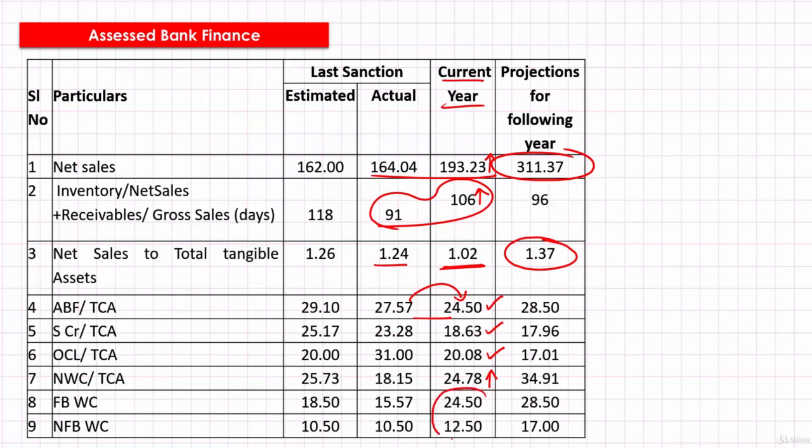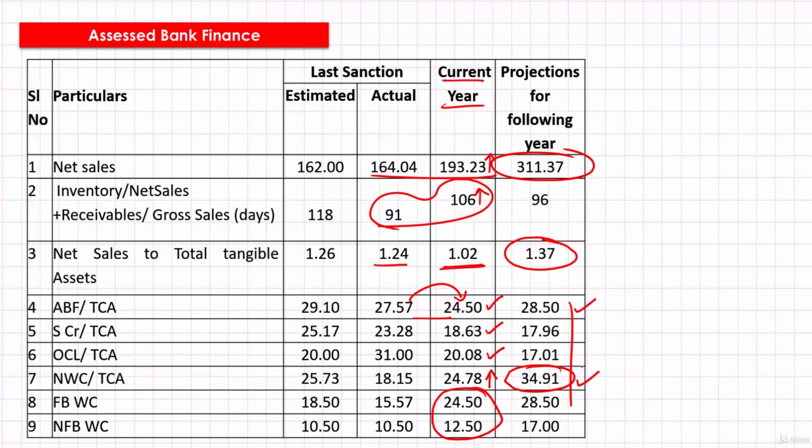So things are expected to move in a positive direction. All the estimates are expected to be positive. And even if you notice, there is an increase in ABF to TCA, but there is a good increase in net working capital to TCA also. So this is fine, this is considered okay, right?